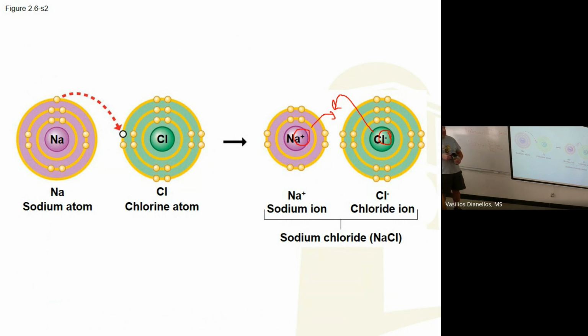So it's better for the energy for this one to give up an electron. Because like I said, it only has 1 on the outermost, but it needs 8. Once it gets rid of that 1, that is no longer the outermost. So now it has the 8 that it needs. It's stable. It has a nice energy. This thing gained its 1 electron, so now it has the full outer 8. So they're both at a great energy level.